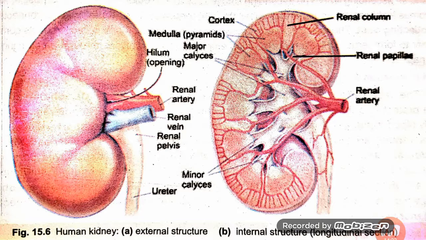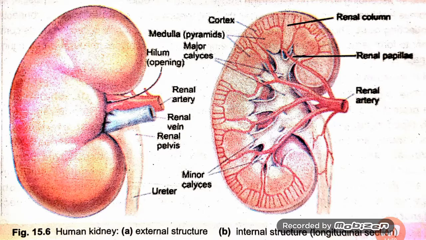Now the other structure is the hilus. If we look at the lateral surface of each kidney, it will be convex, but the medial side will be deeply concave. The entrance to this sinus is termed the hilus.